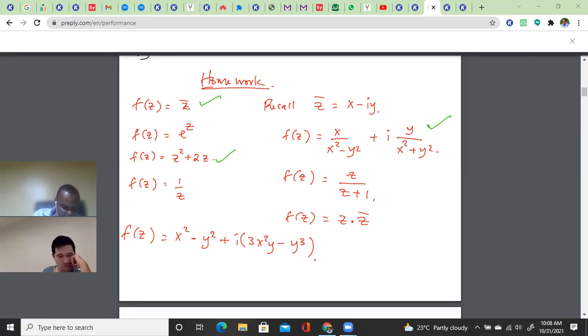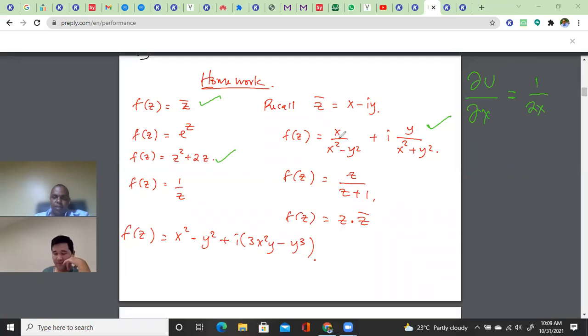Okay, so what did you get? I cannot see my work, so let's just do it. So you started by looking for du over dx, which gave you 1 over 2x. Is it correct? No.